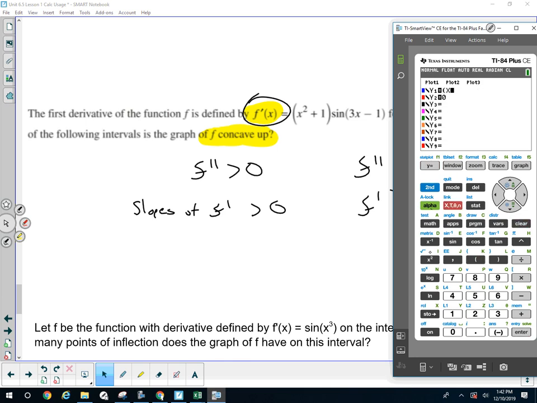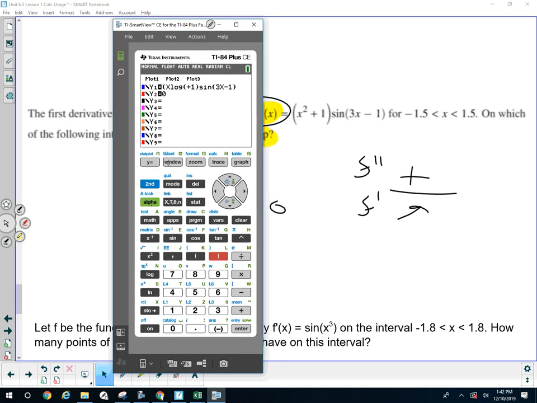We can graph x squared plus 1 times sine of 3x minus 1. We're going from negative 1.5 to 1.5.